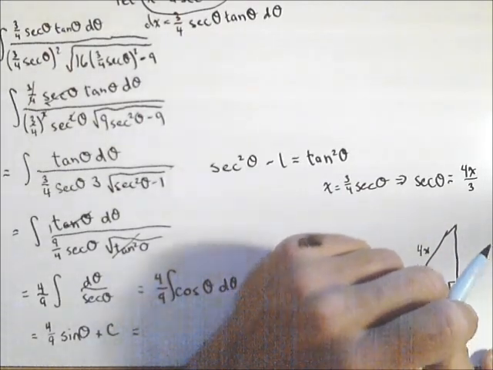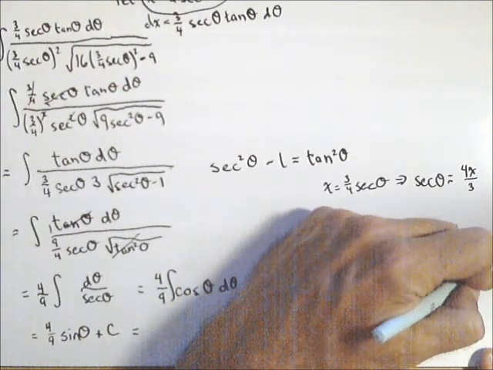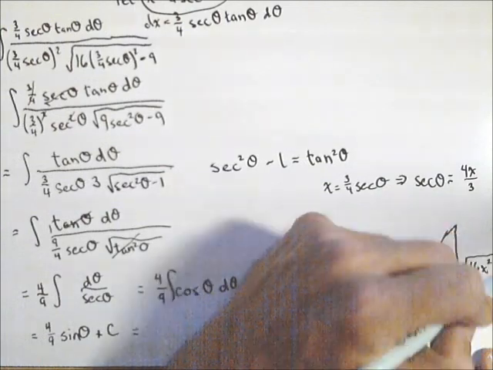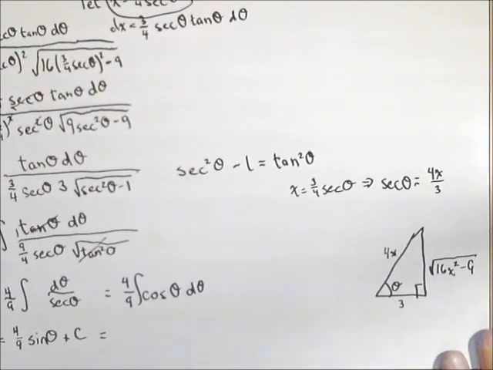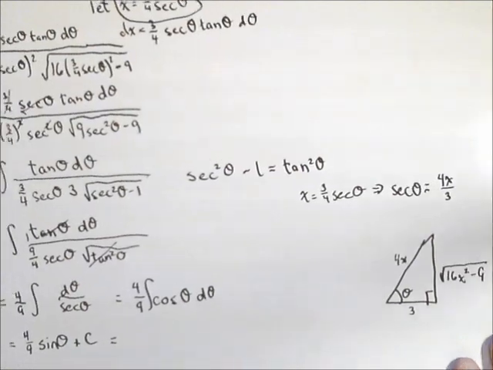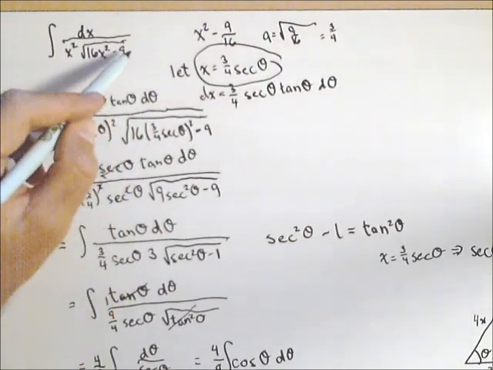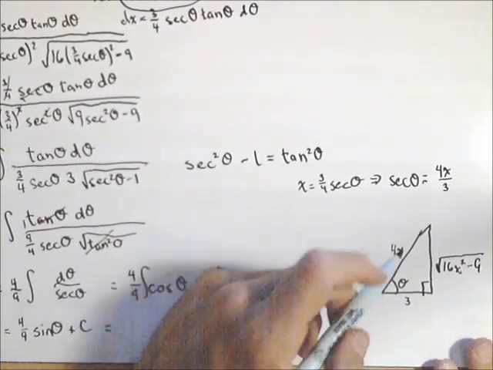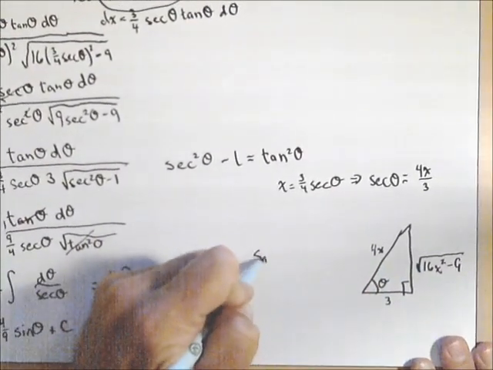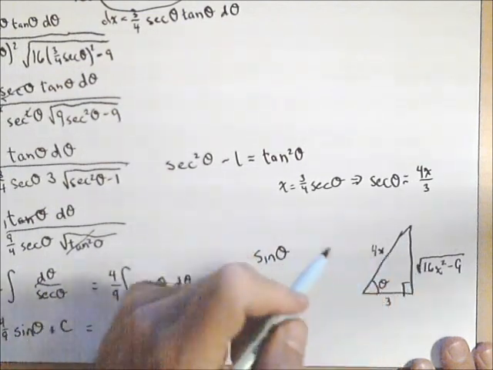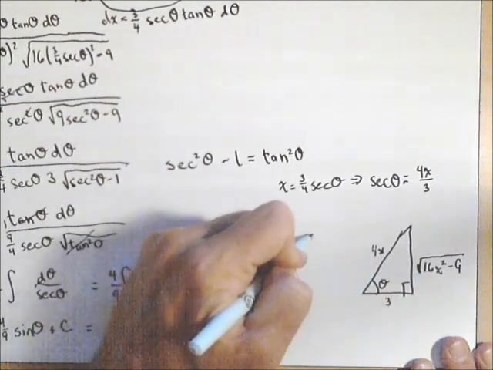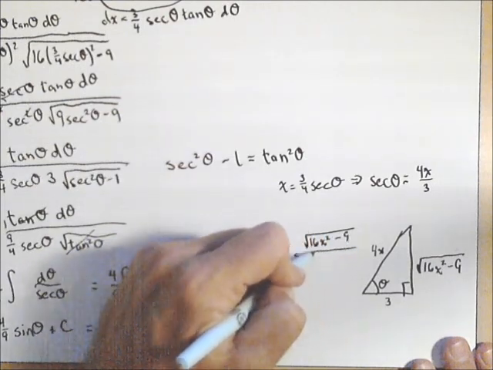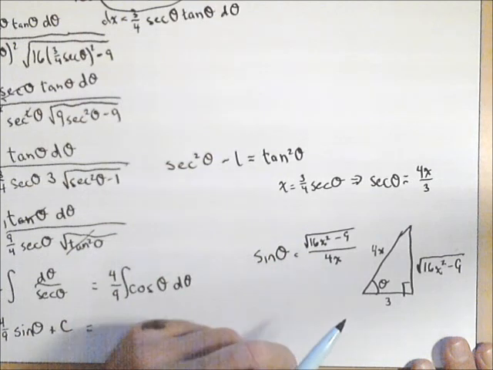So we have to find our last side, which by the Pythagorean theorem is square root of 16x squared minus 9. Now that should look familiar. Remember our original problem, 16x squared minus 9. So then, based on this, sine of theta is opposite over hypotenuse. So square root of 16x squared minus 9 all over 4x.